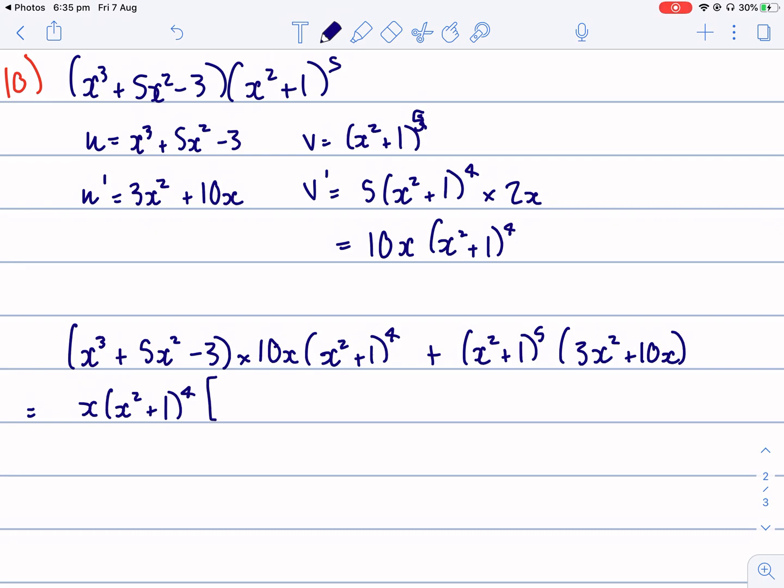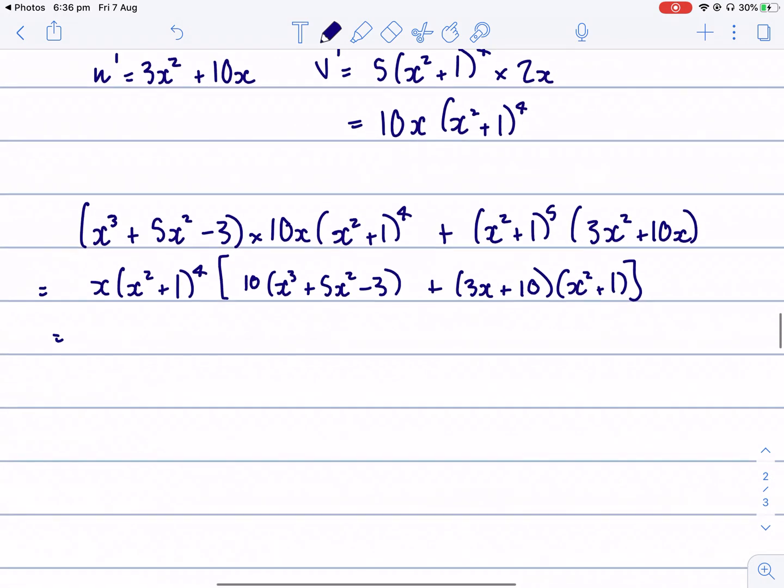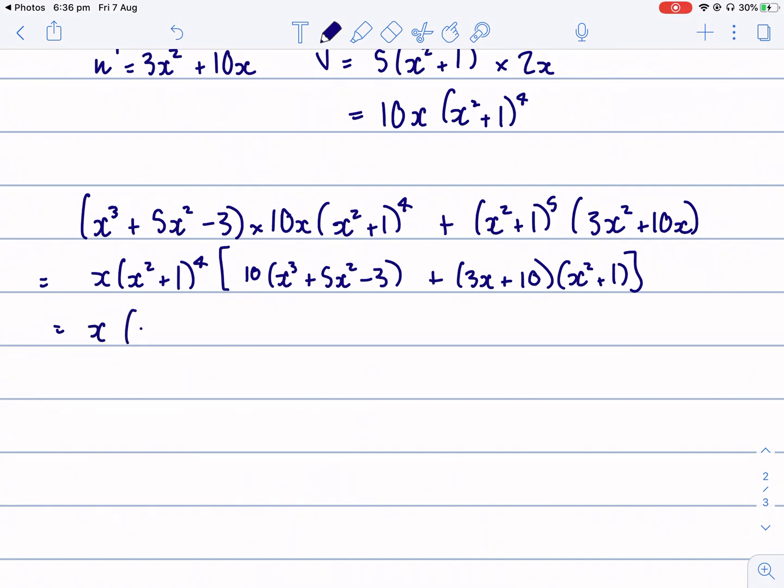Okay, from this first lot, we're left with 10 lots of (x cubed plus 5x squared take 3). From the second lot, we're left with 3x plus 10. We've also got that (x squared plus 1), because that was to the 5 and I only took the 4 out. So that's (x squared plus 1) to the 4.